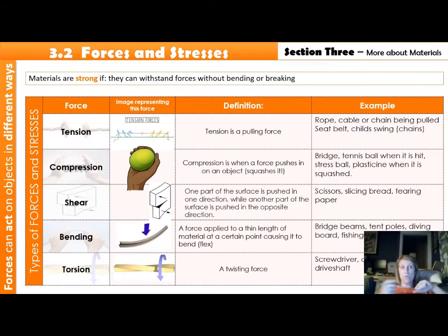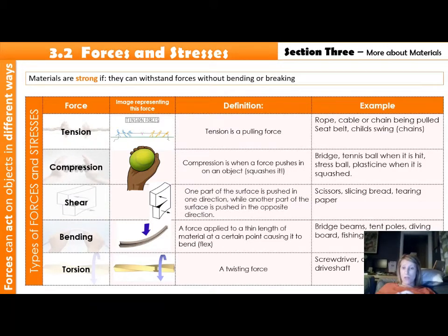And some examples of that are things like screwdrivers. When you're screwing in a screw with a screwdriver, there is a torsion force on the screw as well as the actual screwdriver. So you need to make sure that they're not going to fracture in that force. Other really good examples, this force can also be called torque.